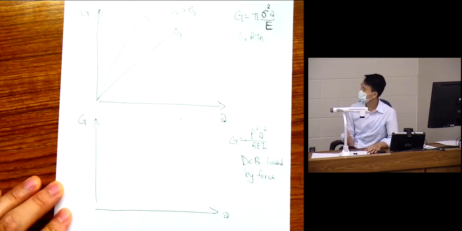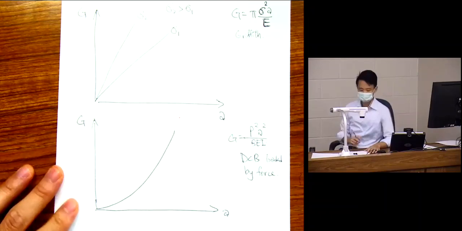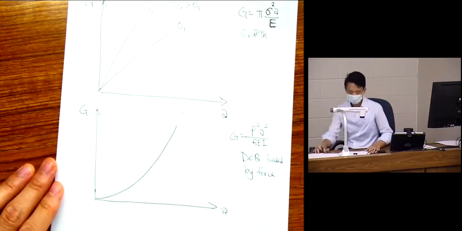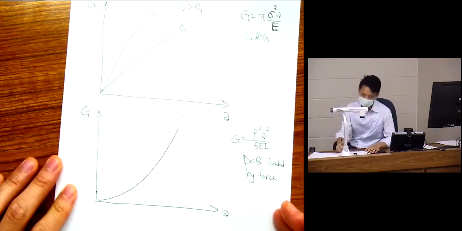Right, so if we sketch this, again, this is going to be a quadratic curve. It goes like that, right? So you can see that with different configurations, you get different loading curves, GA curves.